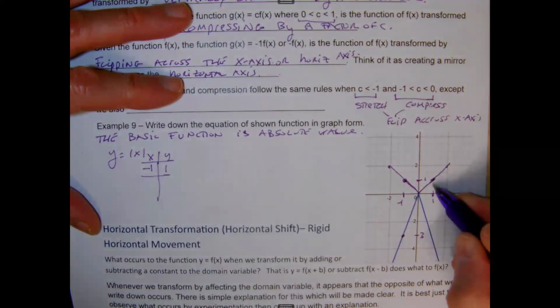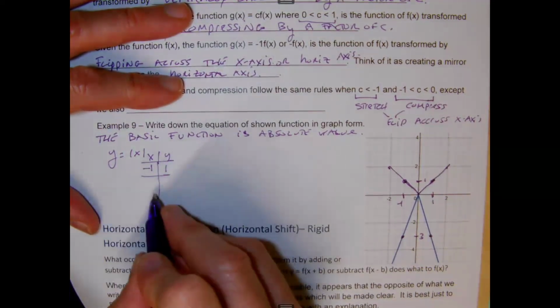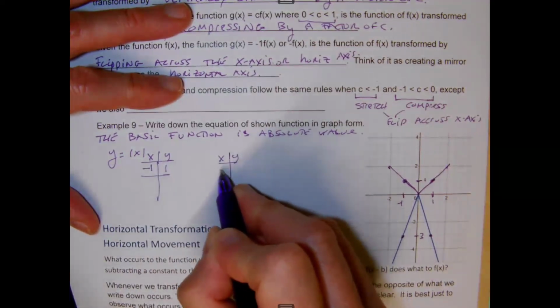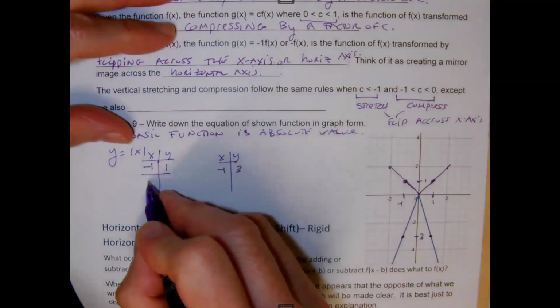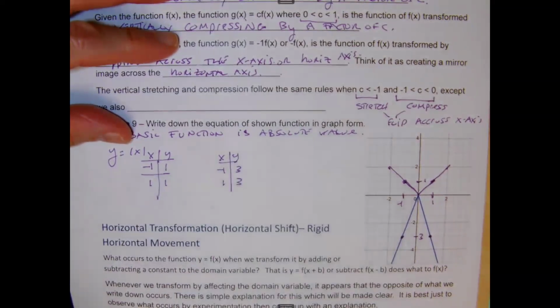Here's +1 is 1. Where is it going now? If I follow this down, yep, it's still at 3. So -1 produced 1, but now it's gone to 3. Also, 1 used to be 1, now 1 is at 3 as well.